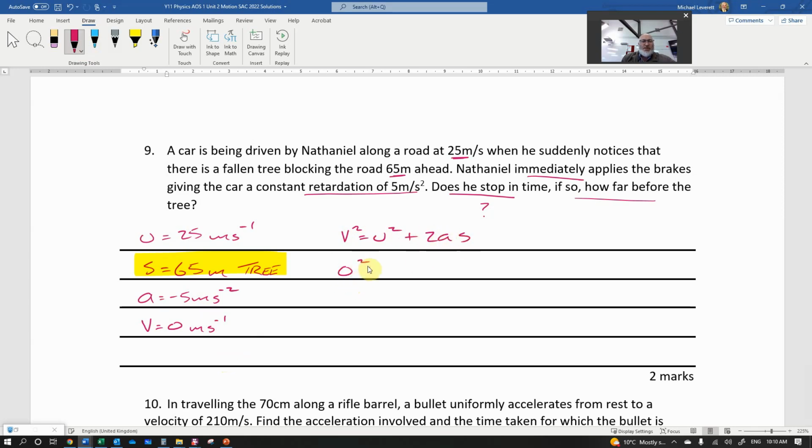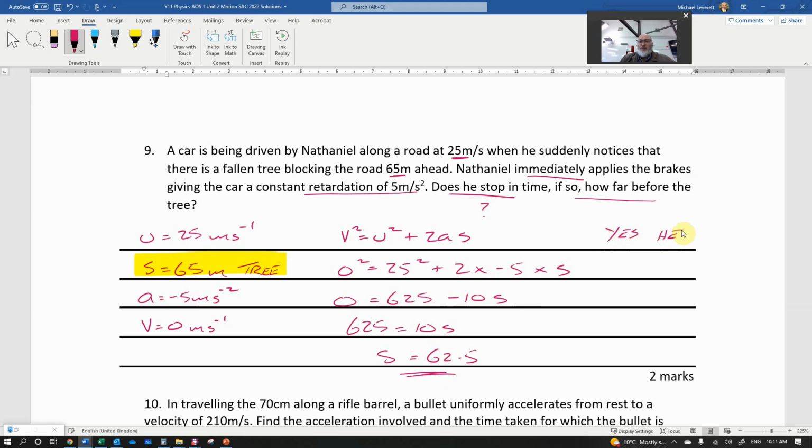So 0 squared equals 25 squared plus 2 by -5 times by s. 0 equals 625 minus 10s. So 625 equals 10s. So s must equal 62.5. So in answer to the question, yes, he does stop in time.